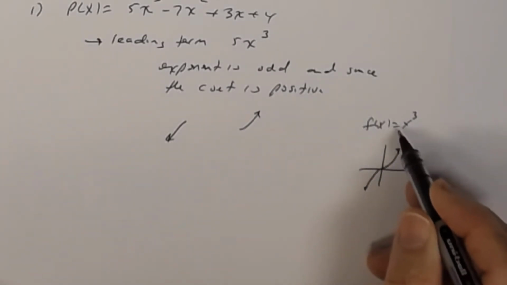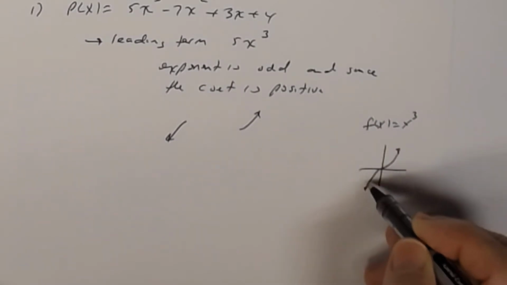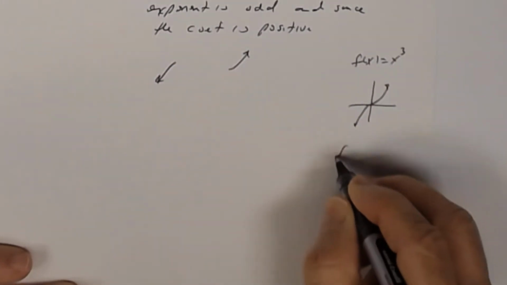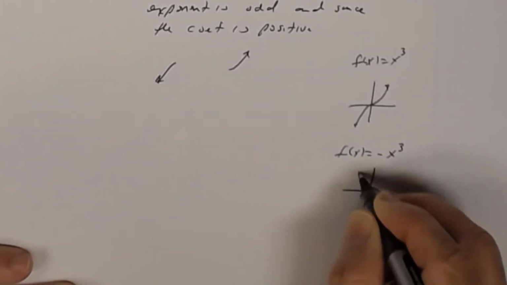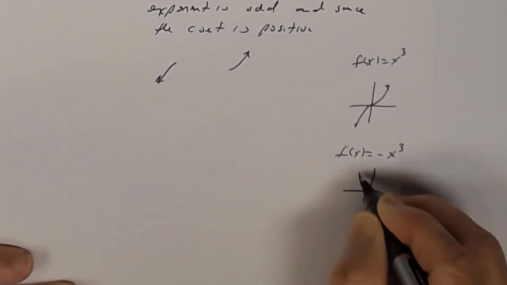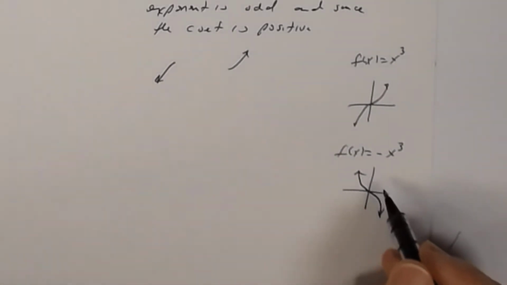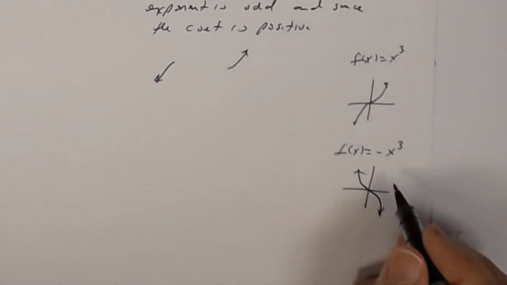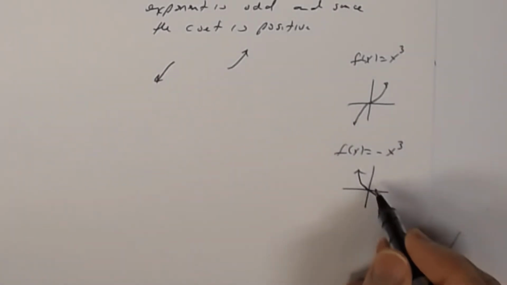Since the coefficient is positive, the right side points up, the left side points down. When we talked about negative x cubed, we saw it look like this. It's just a reflection about the x-axis.